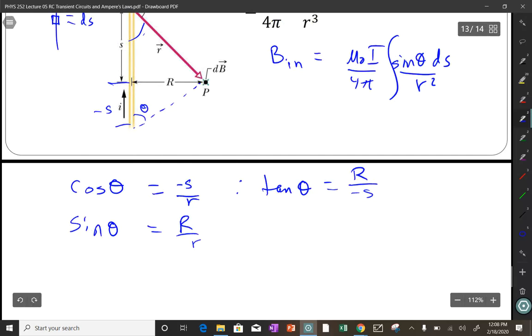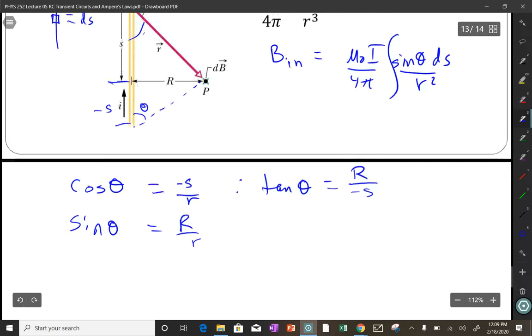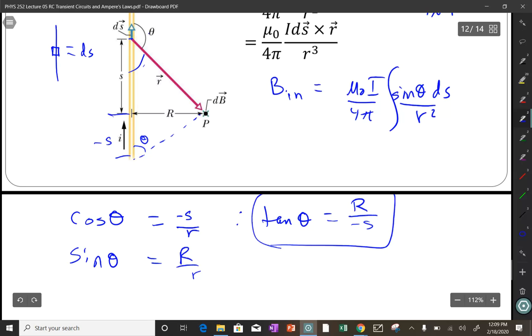So we have a sine theta in there, and we have a ds. How do I get ds? Well, this is not as easy as before, is it? It's not as easy as before because if I took the derivative of this, it wouldn't turn out very well for me. And this here has all three variables in it.